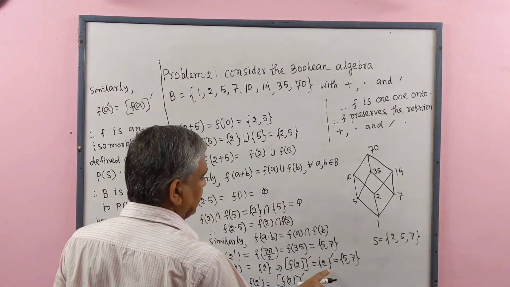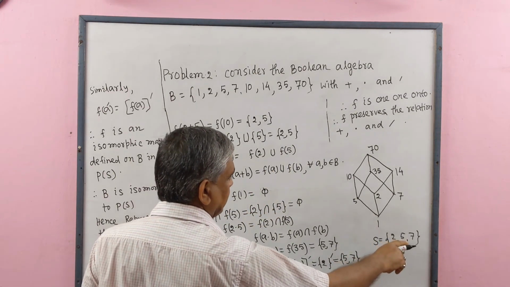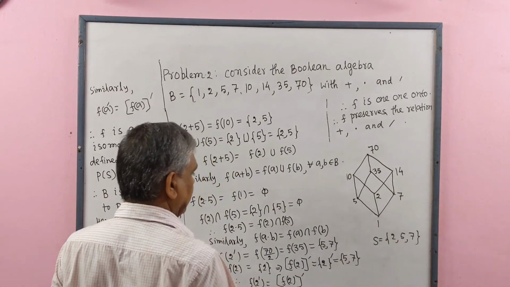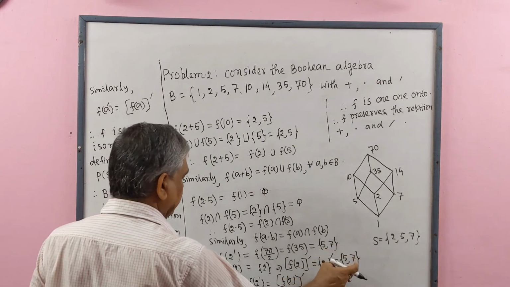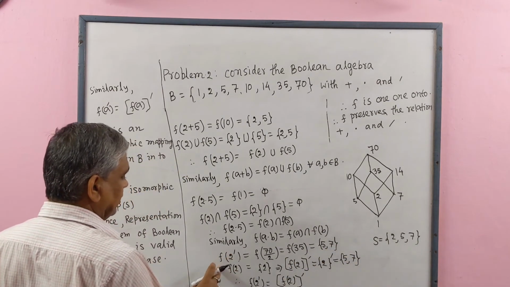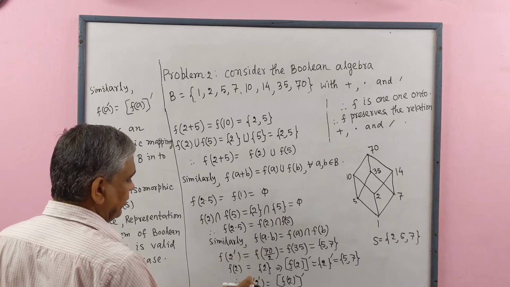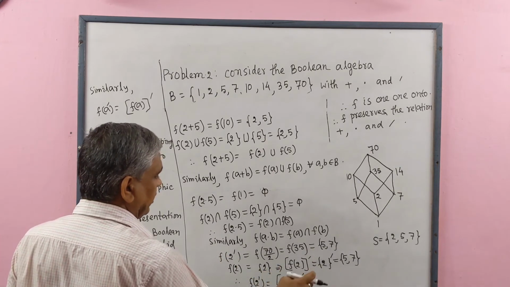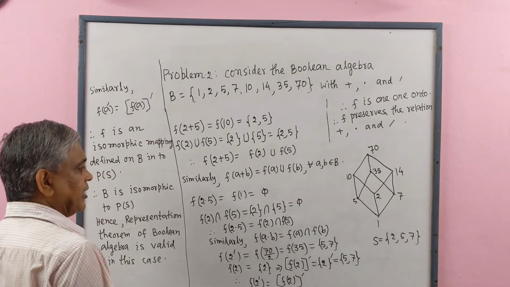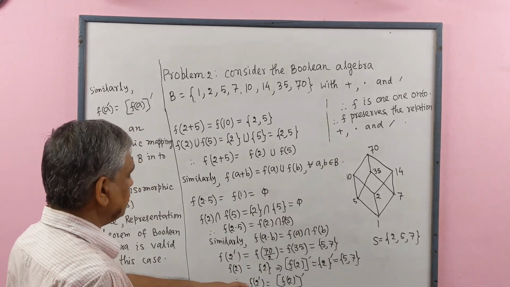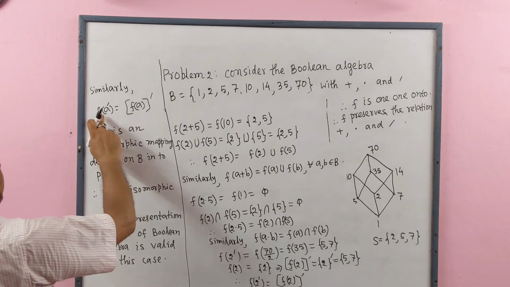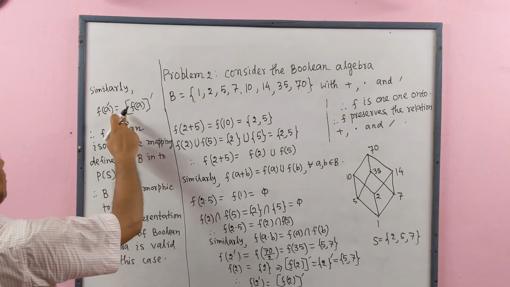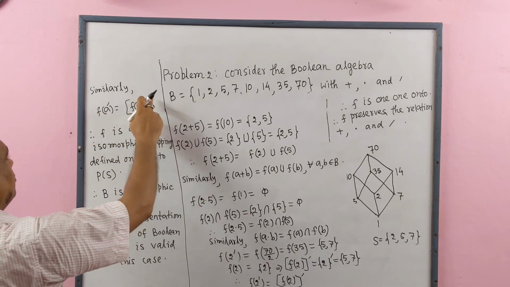So the complement of this set is a set containing elements 5 and 7. Here we see that right side equal, therefore left side equal, meaning F complement of 2 equal to F2 whole complement. Similarly, taking other elements, we may also show that F complement of A equal to FA whole complement.